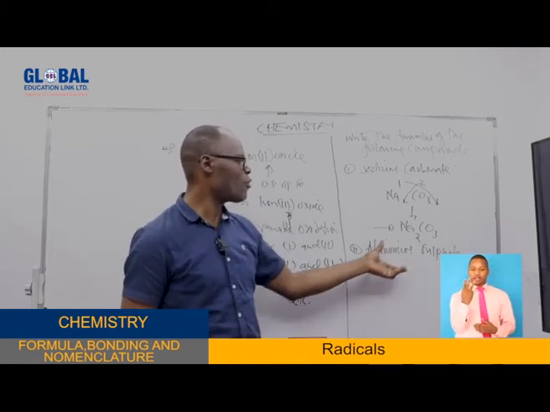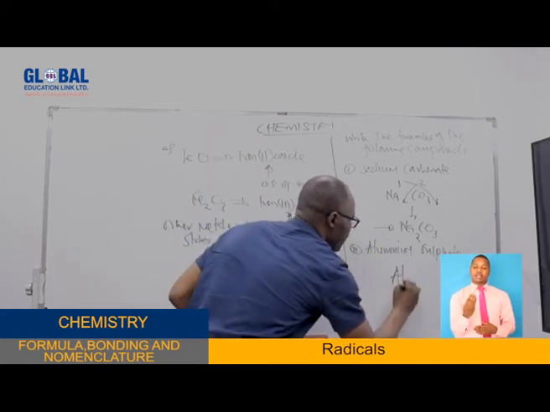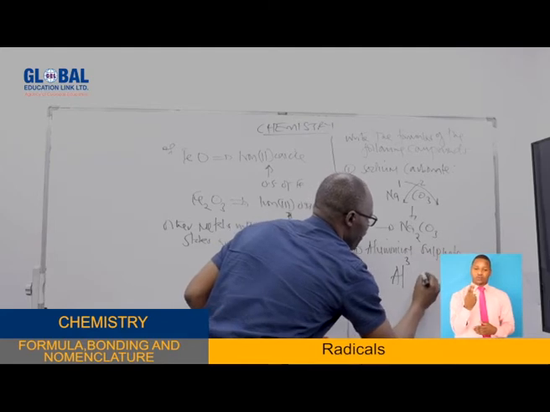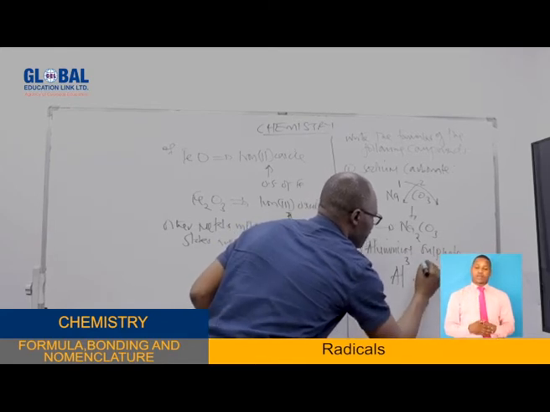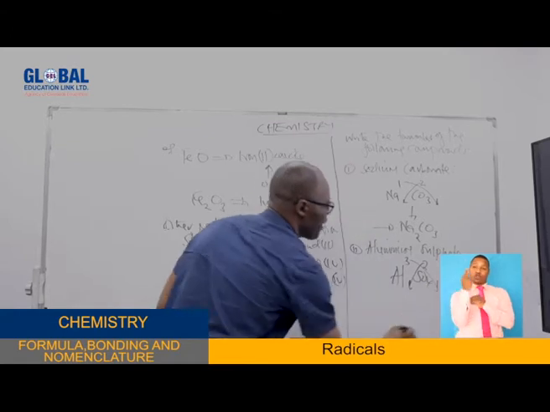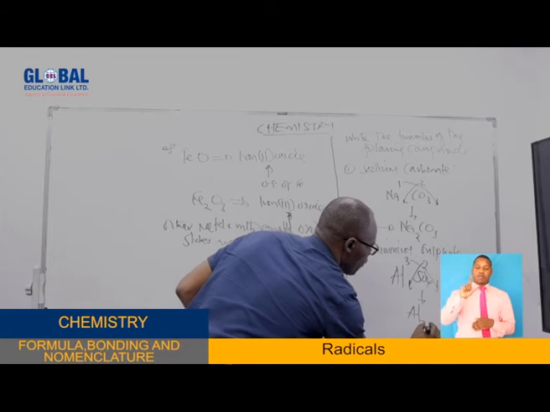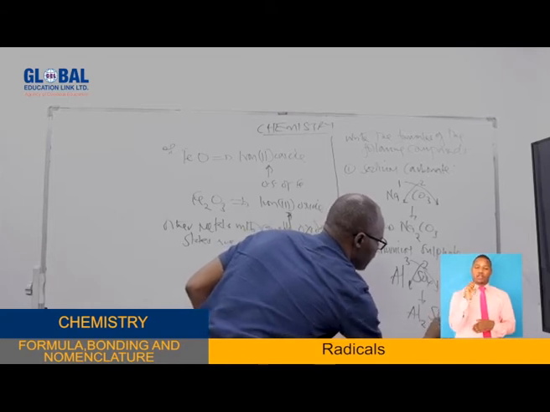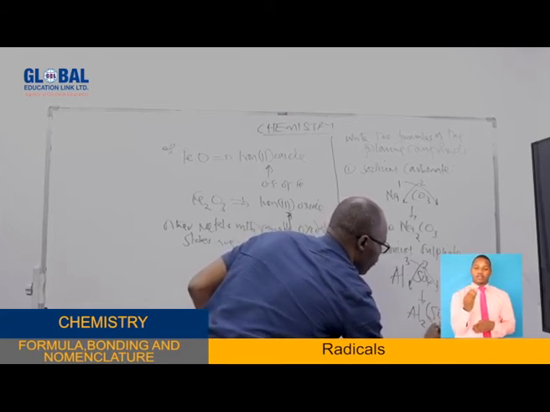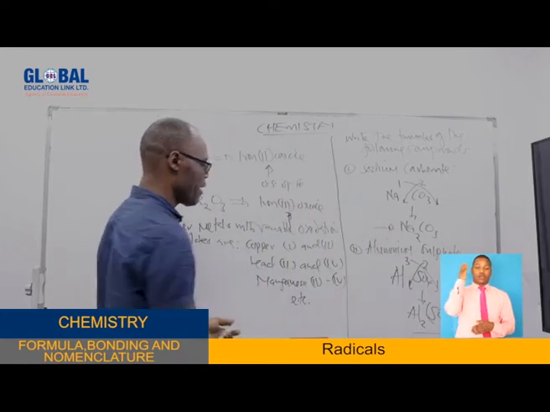We said the valency of group 3 is 3. So we have aluminum as 3, and then our sulfate as 2. Then if you exchange these, we have aluminum 2 and then sulfate. There are now 3 of them. Now that one becomes our aluminum sulfate, Al2(SO4)3.